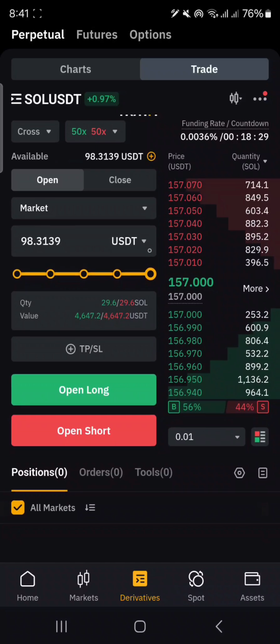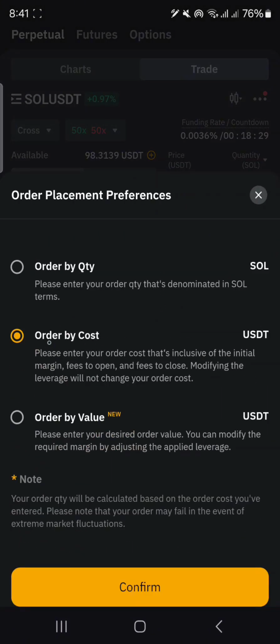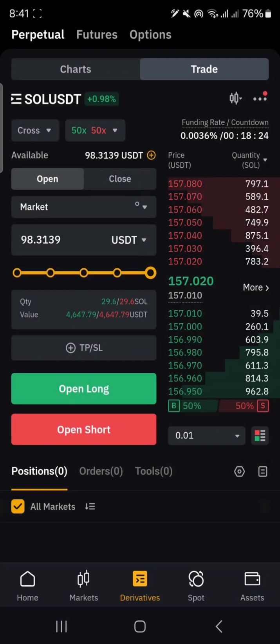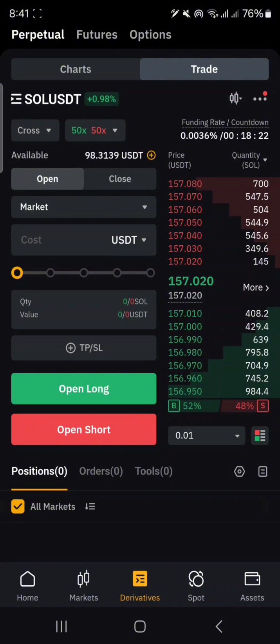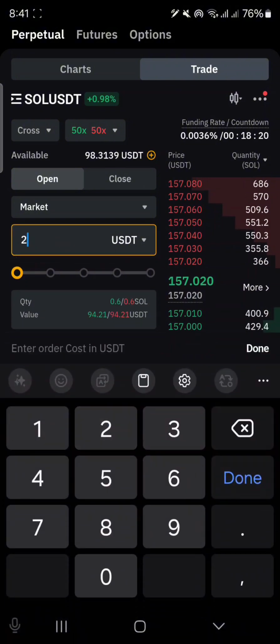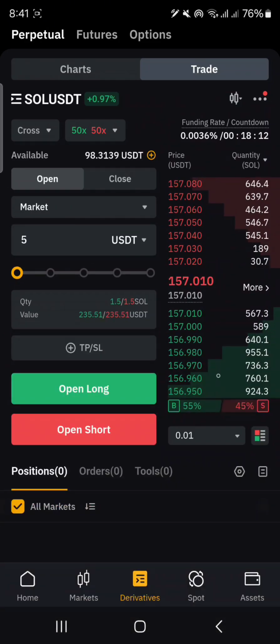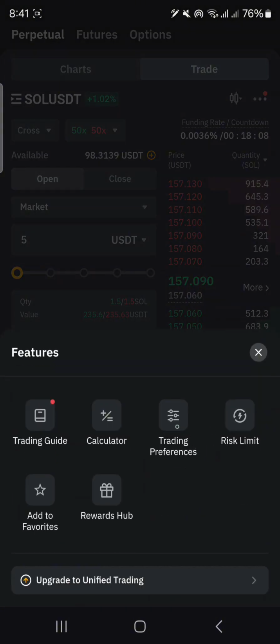But don't forget, you also have to make this order by cost, so that when you are trading, if you want to use 2%, then here you just add $2. That's all, right? If you want to use 1%, just add $1. If you want to use 5%, just add $5. So that's how it works. Then make sure that on these 3 dots at the top here, you have trading preferences.